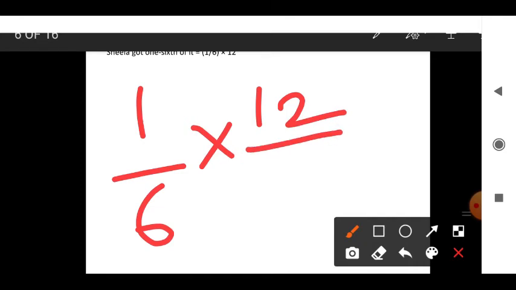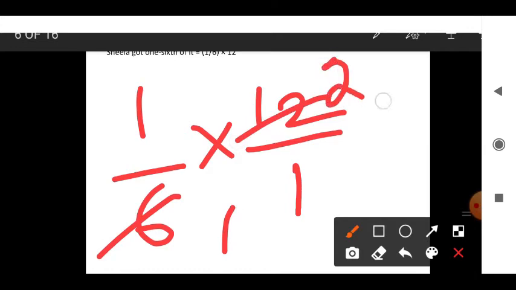See here, 1 is the numerator, 12 is also in the numerator, but the denominator is not there, so you have to write it as 1. So 12 divided by 1 means 12 only. Any number you divide by 1, you will get the same number only, right? For example, 1 twelves are 12 only. So that is the reason you can write 12 by 1. So 6 ones are 6, 6 twos are 12.